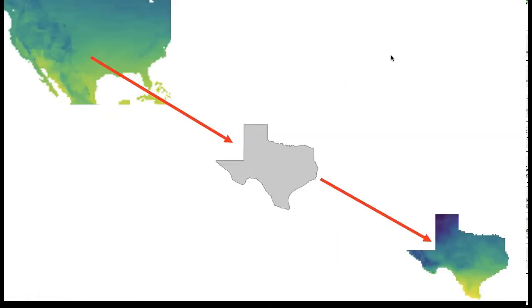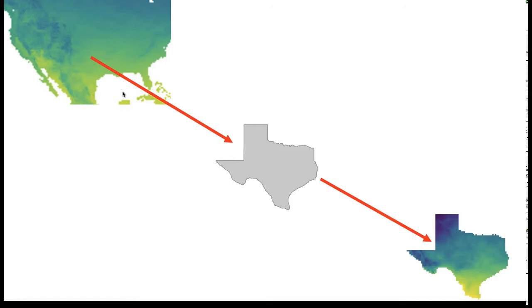The other thing to keep track of and to be very cognizant of and to set very specifically when you're using GRASS GIS with rasters is your spatial extent. You may have a raster image or raster layer that covers the entire world. But if you're only interested in the attributes of that raster for the state of Texas, you don't want to have an enormous file that covers the entire world.